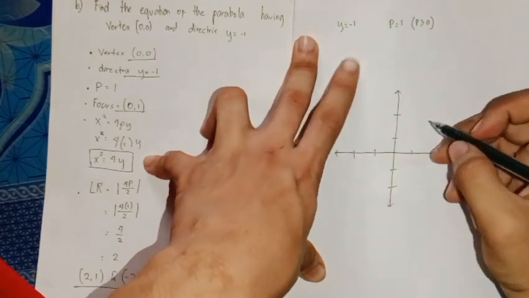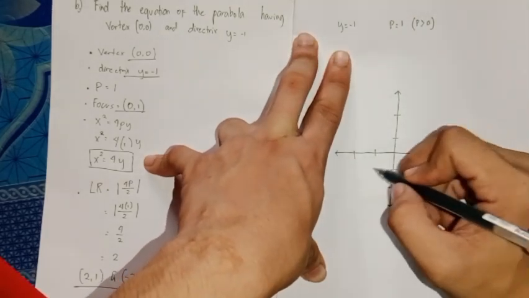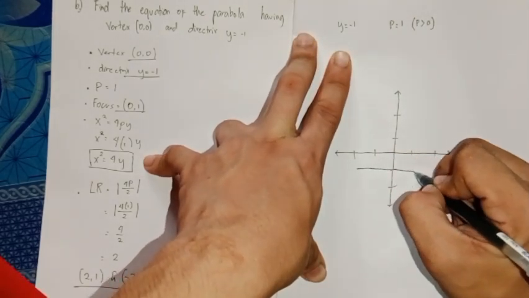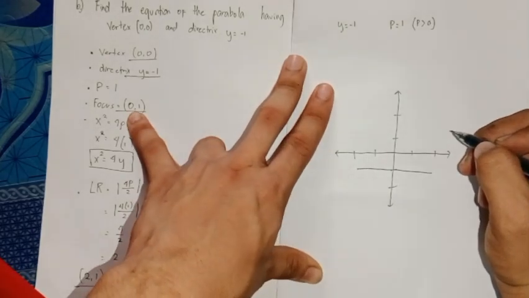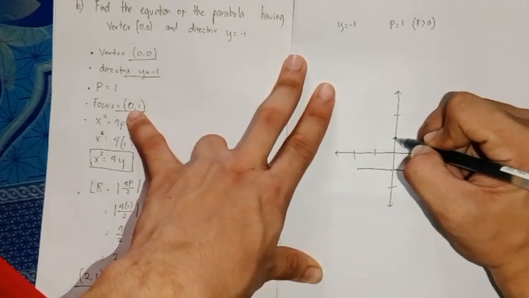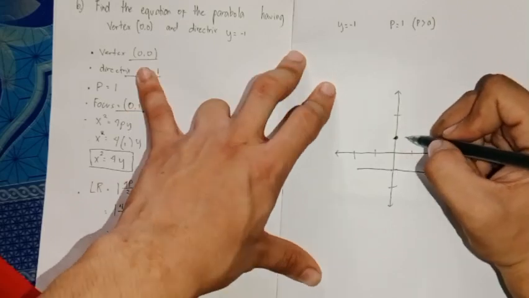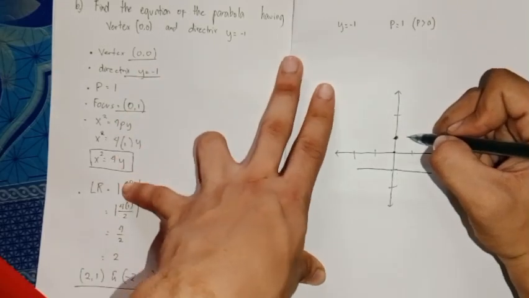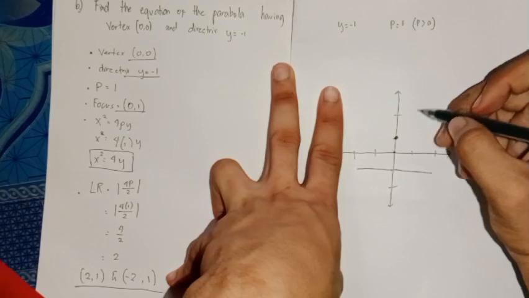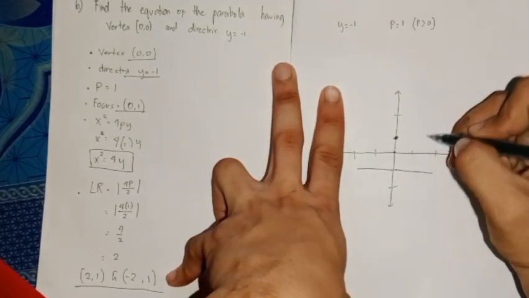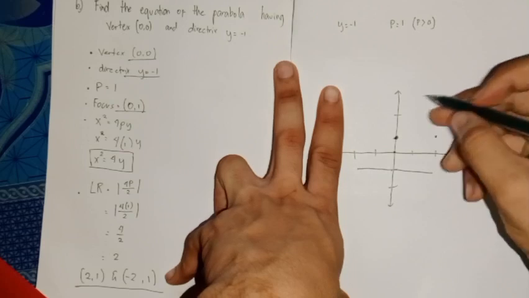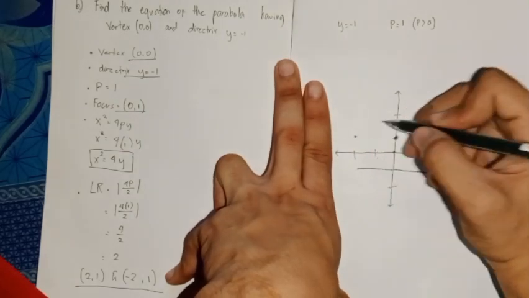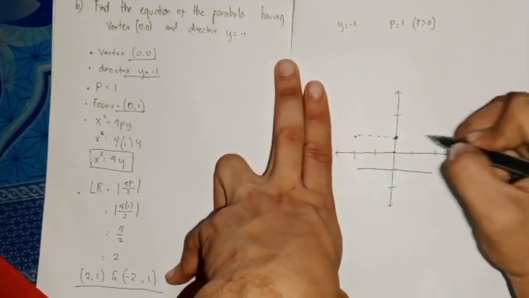Now the directrix is negative 1, so here, this is our directrix. Our focus is at 0, 1. This is our focus, and our vertex is here, 0, 0. And our latus rectum endpoints are 2, 1 and negative 2, 1. So this is the latus rectum.